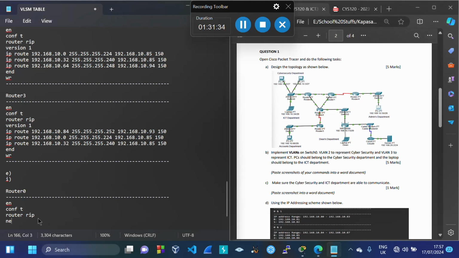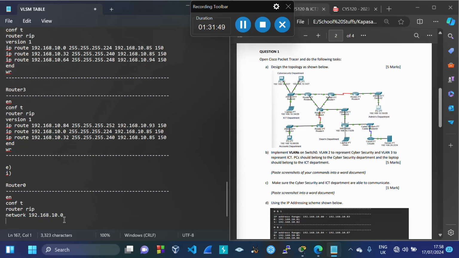So we'll say network. The network we want to broadcast for cyber security, remember, is 192.168.10.0. That's their network. Then we target the next network to broadcast, which is for the ICT department, which is .32.